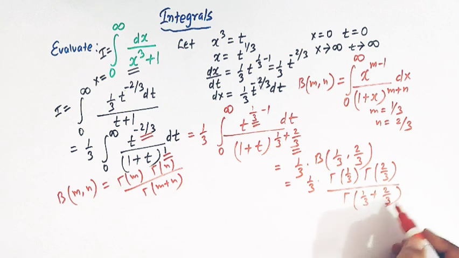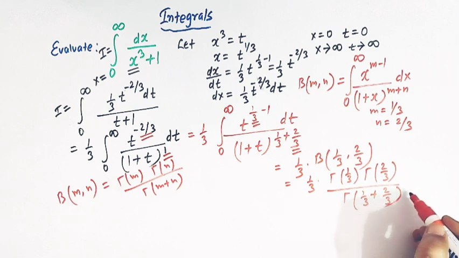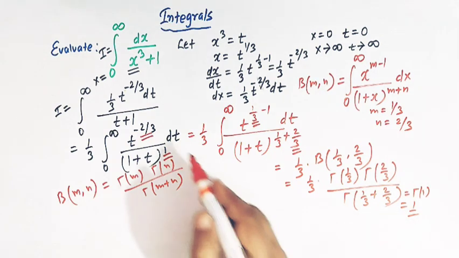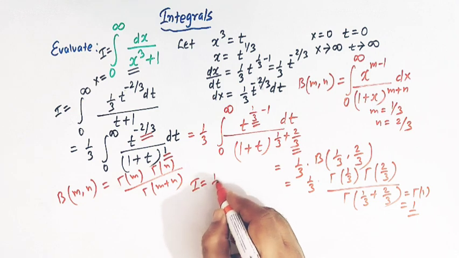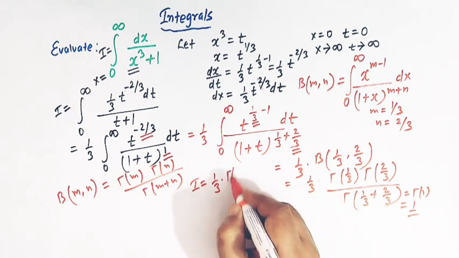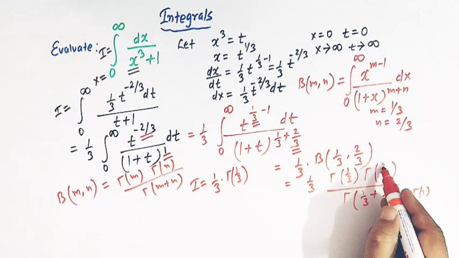Now see, this term is 1 by 3 plus 2 by 3, that is equal to gamma of 1. Gamma of 1 is equal to 1. So this expression is now equal to 1 by 3. We have gamma of 1 by 3 and gamma of 2 by 3.